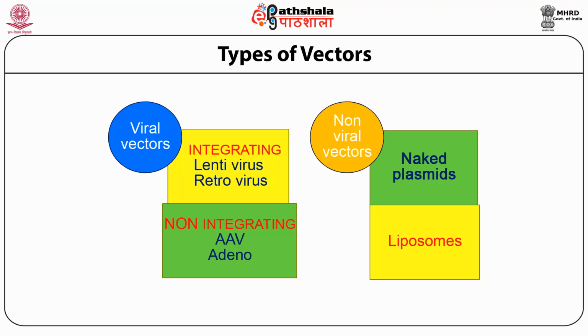Such vectors lose their ability to reproduce in target cells, ensuring safety of the patient. However, these viral vectors can be replicated in specialized cell lines called packaging cell lines, which provide the function of depleted viral genes, allowing production of recombinant viruses in large numbers.